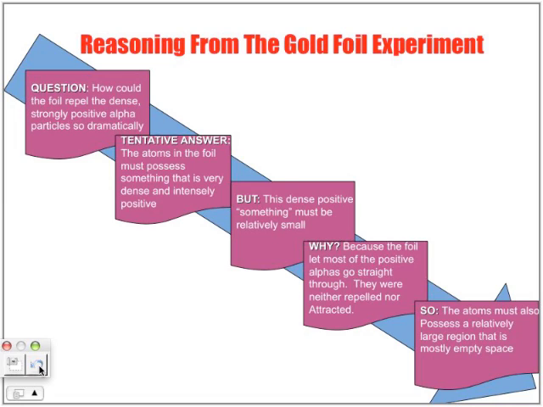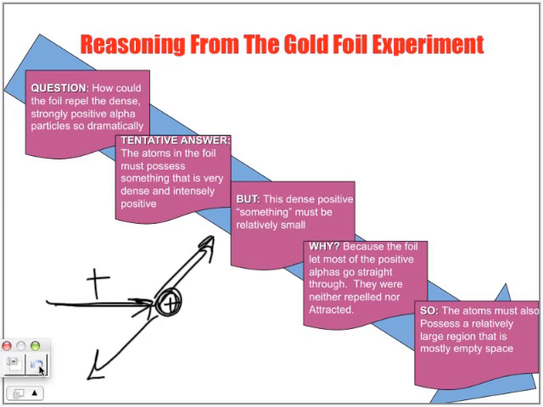Because if we're shooting a positive particle and something gets in the way, causing it to deflect backwards or in a different direction, that something also had to be positive. If it was negative, the particles would all be attracted towards it. But the dense positive region must be relatively small.